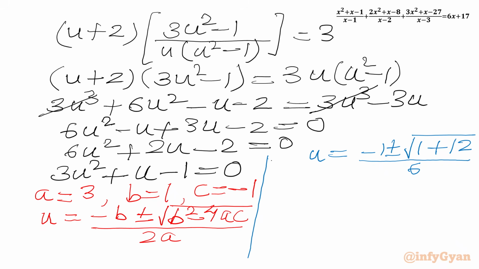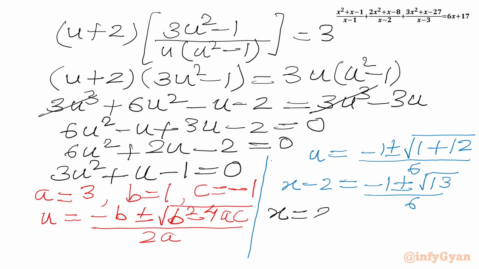In place of u, we will write x minus 2. In RHS, we will get minus 1 plus minus square root 13 over 6. Now we have to add 2 to both sides to get our final answer. So we can write x will be equal to 2 plus minus 1 plus minus square root 13 over 6.